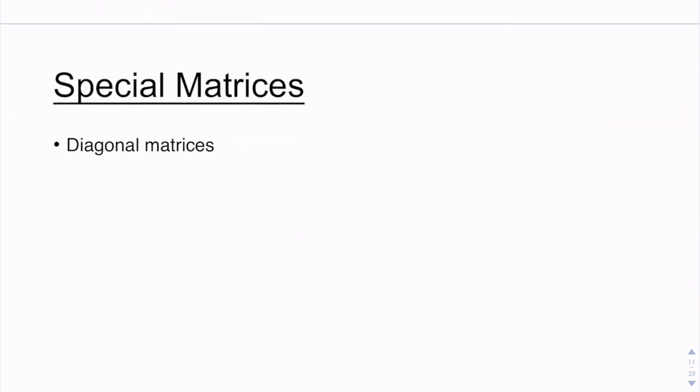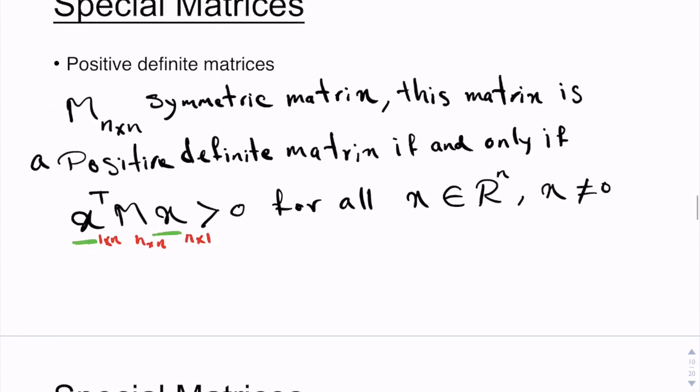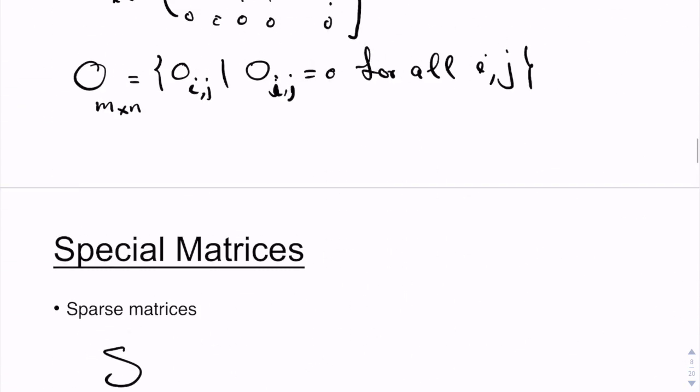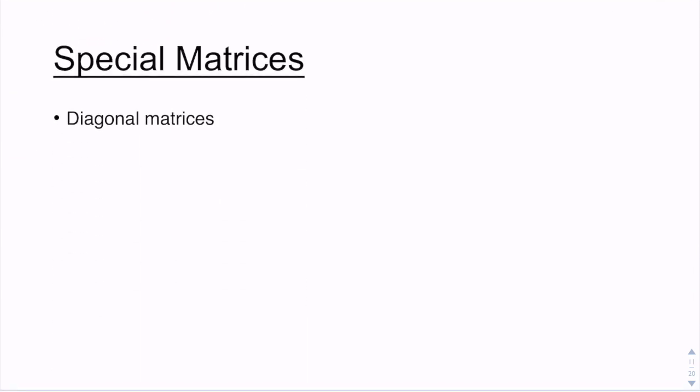Diagonal matrices are, as I said, matrices in which all elements on the diagonal may be non-zero, and all other elements are zero.